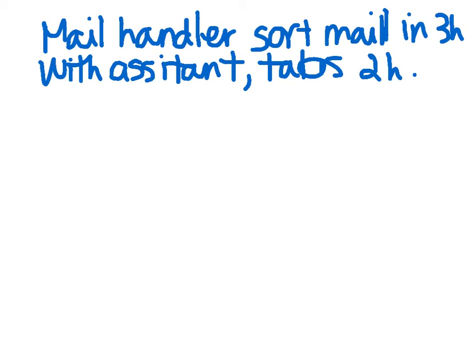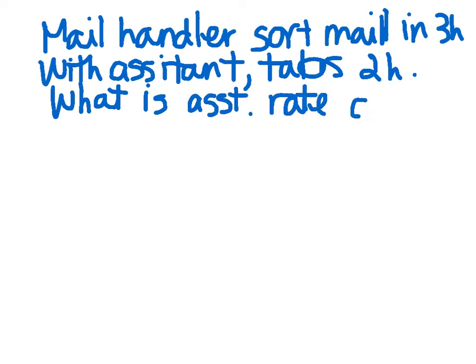The question is, what would the assistant's rate be if working alone? Okay, I don't want to write all the words, but you get the idea. This mail handler guy can sort the mail by himself in 3 hours. If he works with his assistant, they're working together, it takes 2 hours. What is the assistant's rate alone?